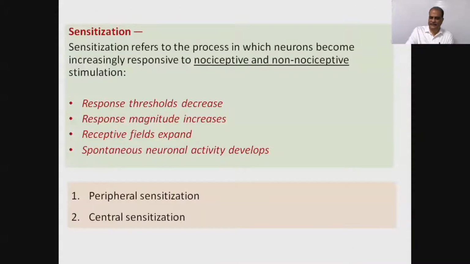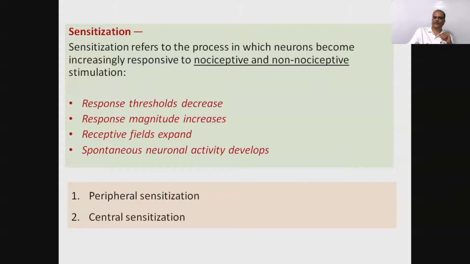Another thing which can happen is something called sensitization. Sensitization refers to a process in which, if this keeps on happening, the neurons can become increasingly highly responsive to both nociceptive as well as non-nociceptive stimuli.